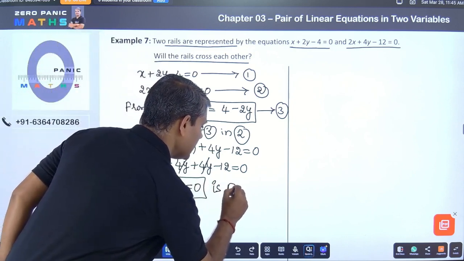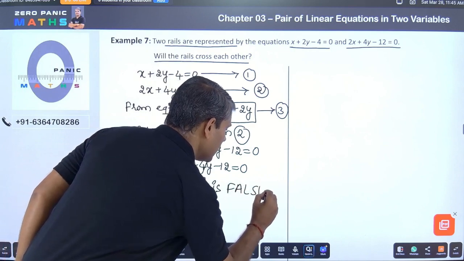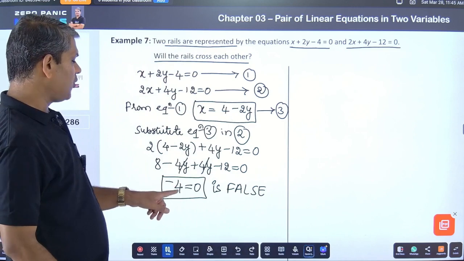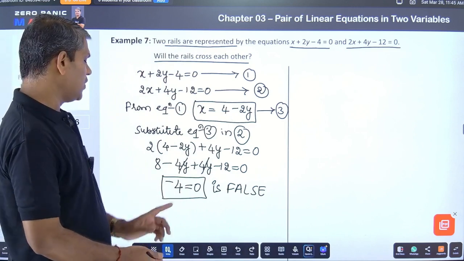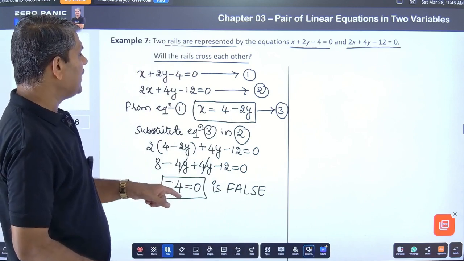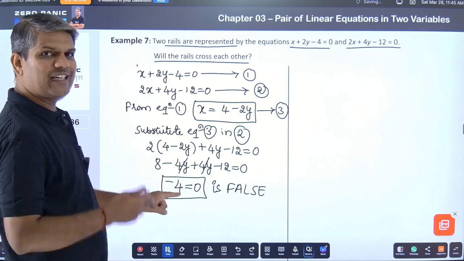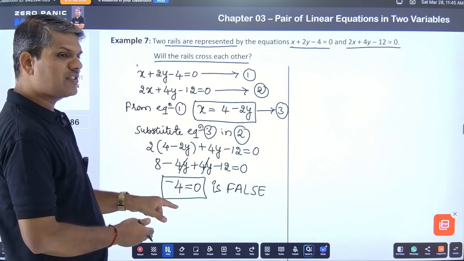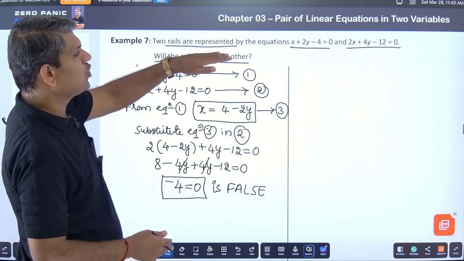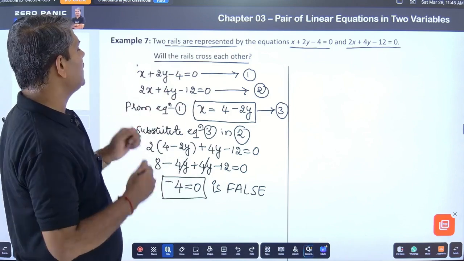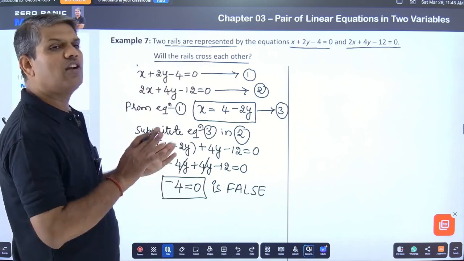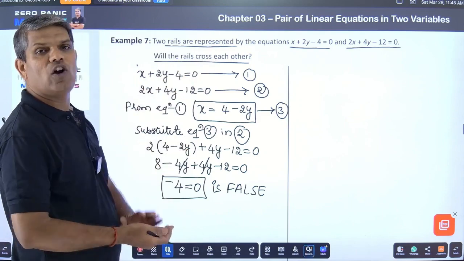I can say this equation is mathematically false because minus 4 cannot be equal to 0. So what did we get after resolving the two given equations? We got a false result. So if there is a false result, then this is not going to happen. Okay, what is asked? Will the rails cross each other? No, because we are getting a false result here.